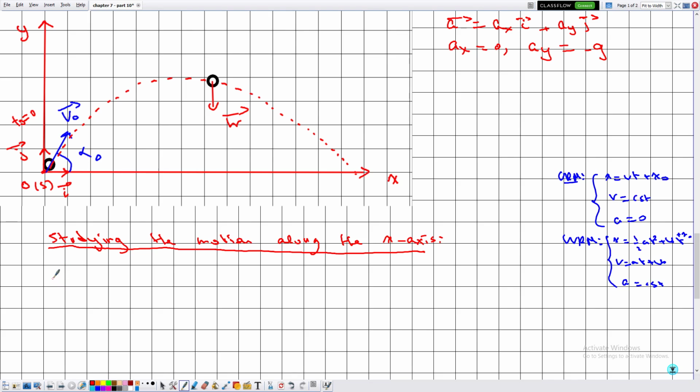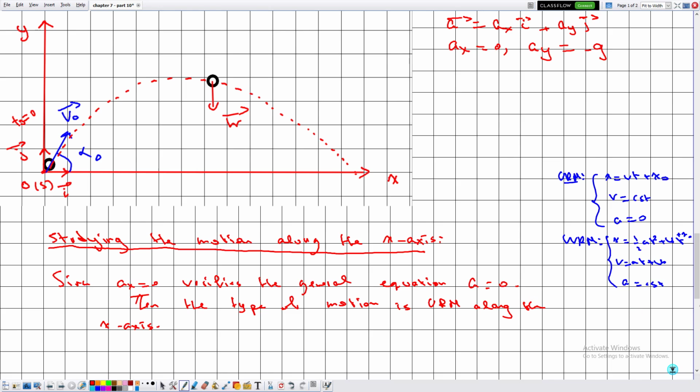Now let me say, since ax equal to 0 verifies the general equation which is given by a is equal to 0, then the type of motion is URM along the x-axis.